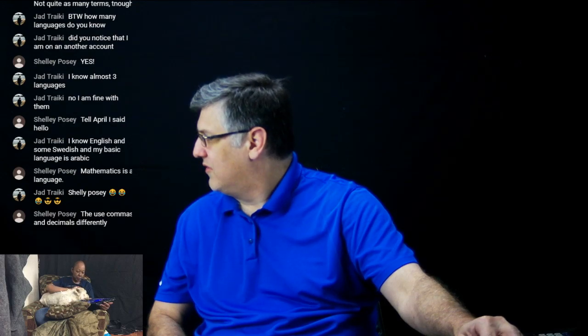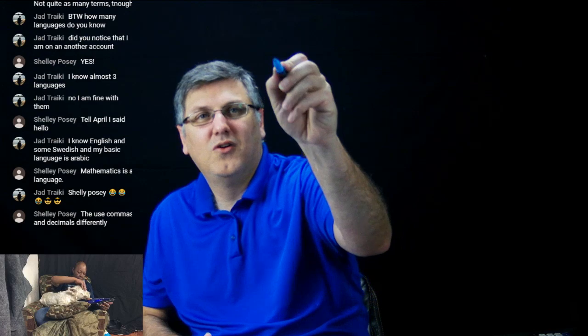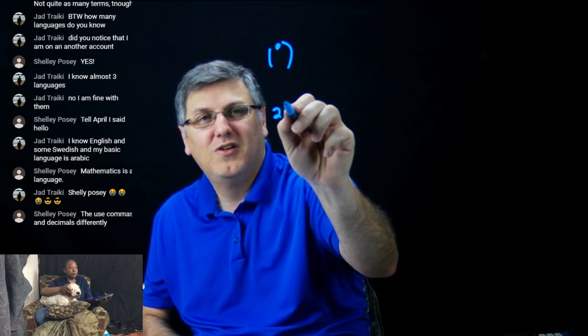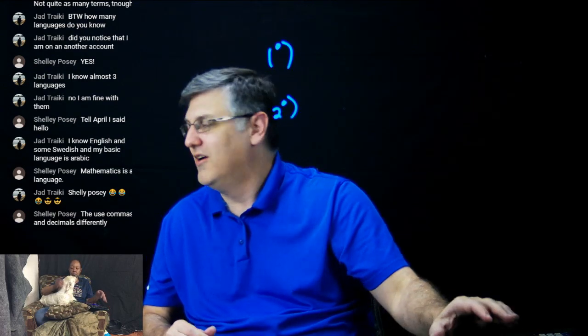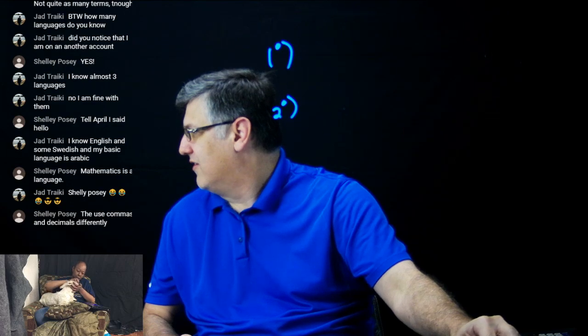We haven't run into that in any of his problems, but the way they number it, it's like a degree symbol for us. So they have like 1 degree, 2 degree. That's how they have 1 and 2 numbered on their paper. I hadn't seen that yet. It looks like a degree symbol to me.